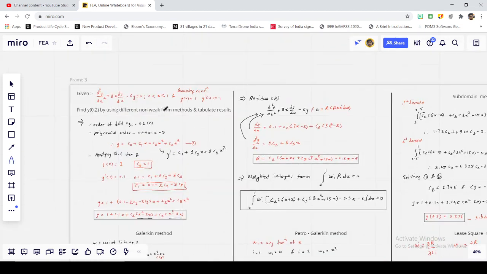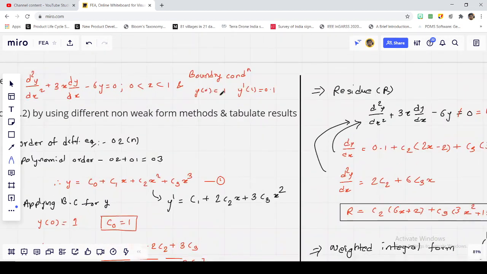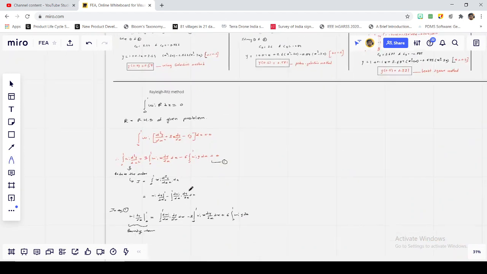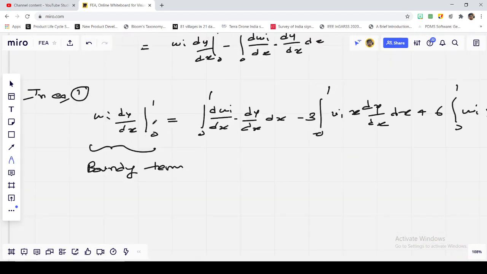We have the value of y at 0 is equal to 1 and we have y dash of 1 is equal to 0.1. So we will not substitute any value because we don't have a value of dy by dx at 1. So we will continue with our solution, the approximate solution.